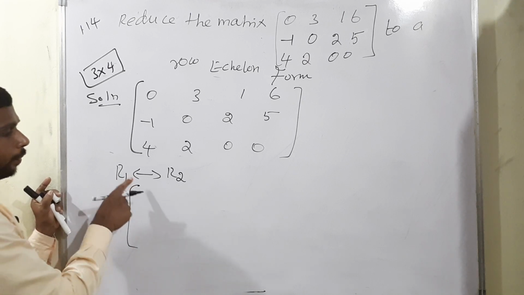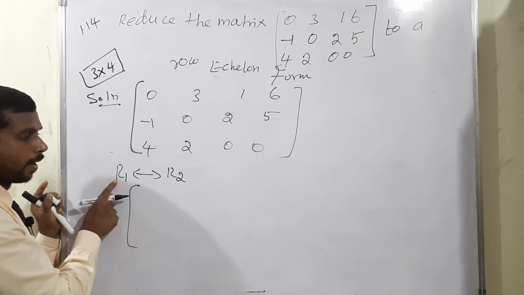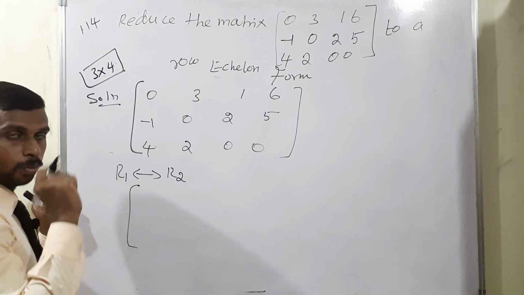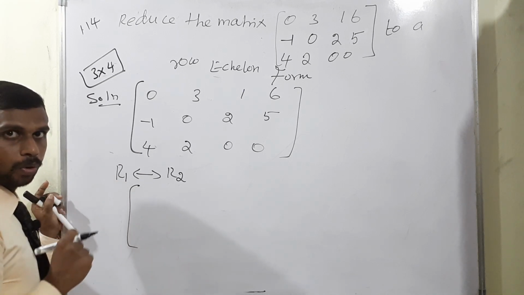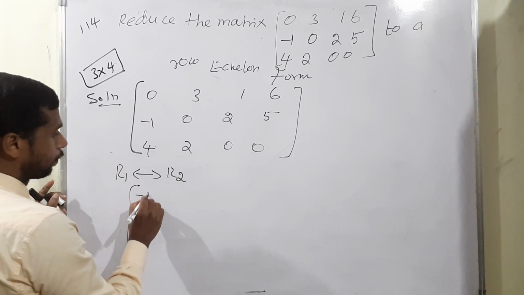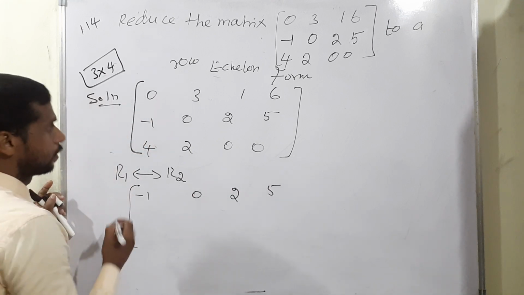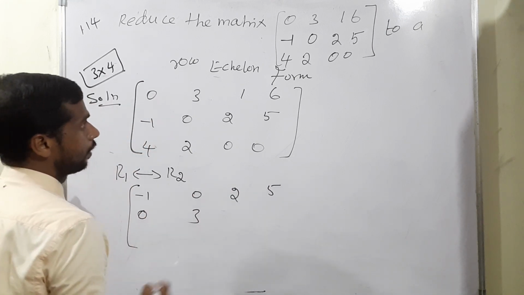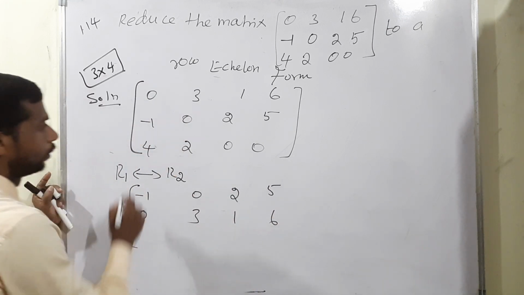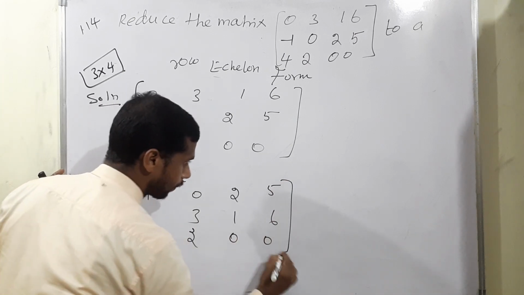We have already discussed in elementary transformation of a matrix, condition number 1, interchanging any two rows or columns. Row 1 interchange row 2 means minus 1, 0, 2 and 5. The next one 0, 3, 1, 6. Row 3 as it is, 4, 2, 0, 0.